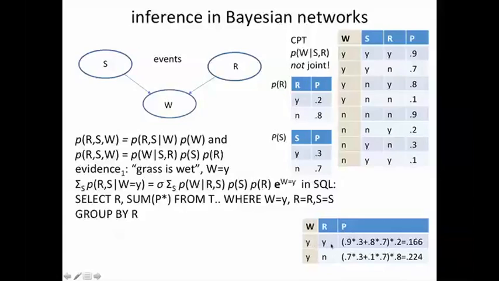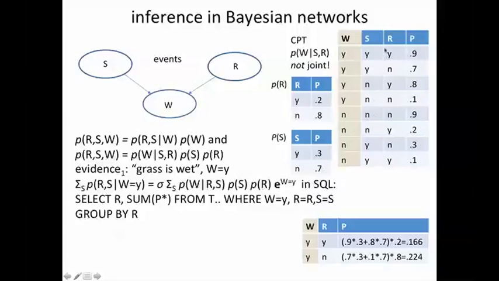Let's look at the first row. We take the 0.9 from here, multiply it by the case where S equal to yes, because here S equal to yes, so we multiply by 0.3. There's another situation where S equal to no, where we also have rain equal to yes and W equal to yes, so that's 0.8, and that's multiplied by 0.7.